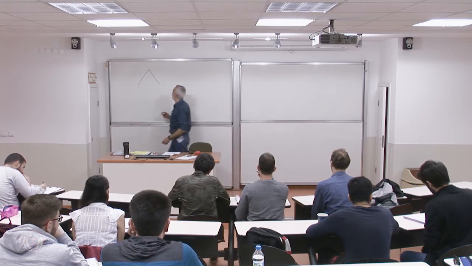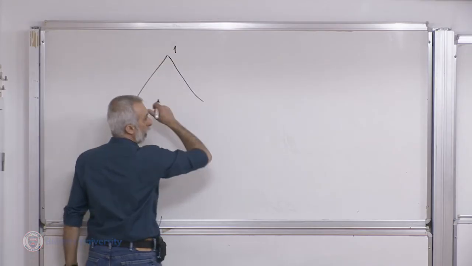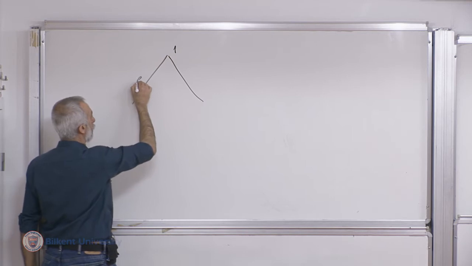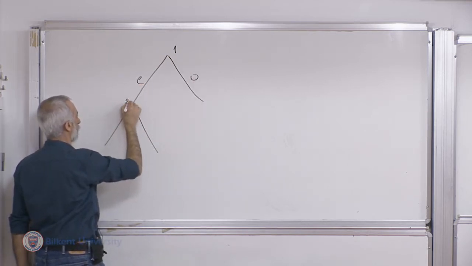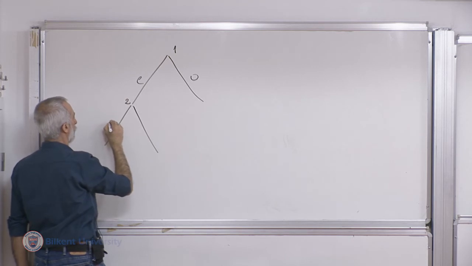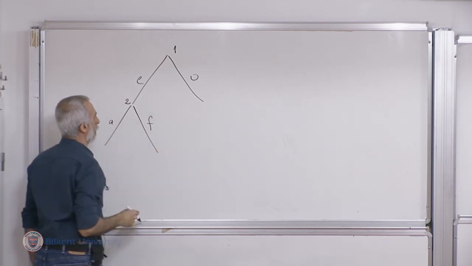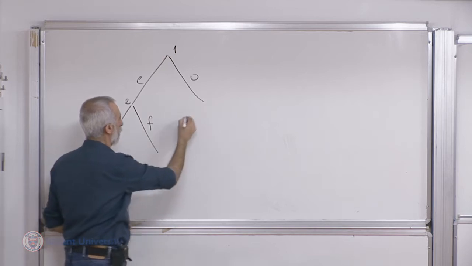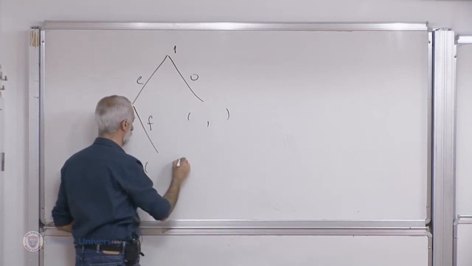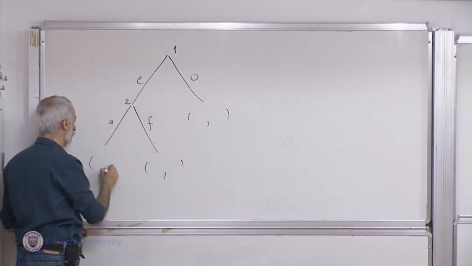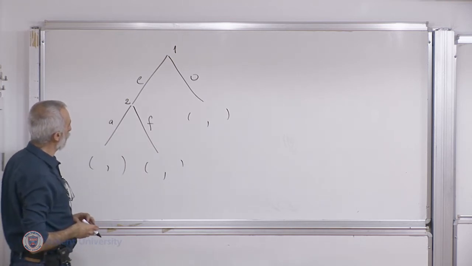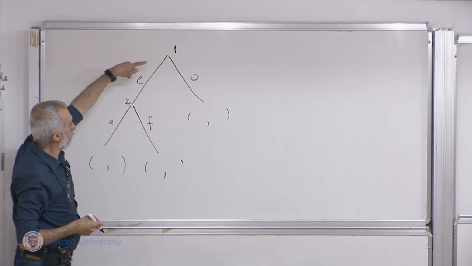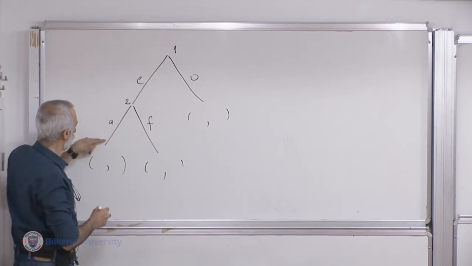So let's take the simple game that we started with, the entry deterrence game. Let me complete the game. Let's write the payoffs, not the payoffs, but the numeric representation of the preferences. So the most preferred outcome for firm 1 was it enters and firm 2 accommodates.